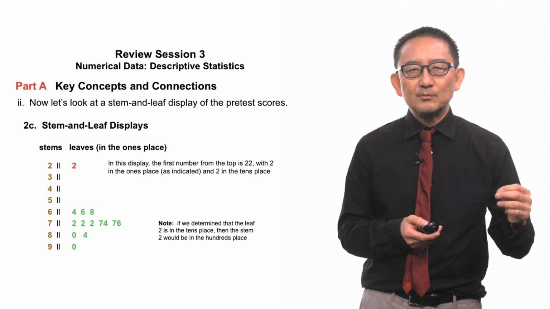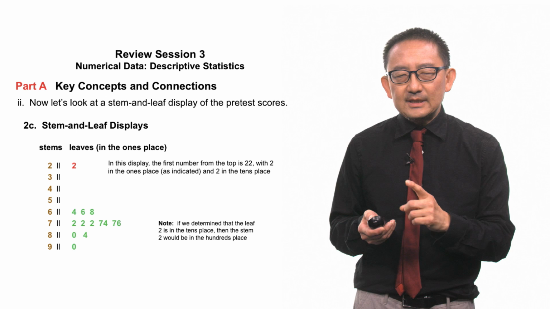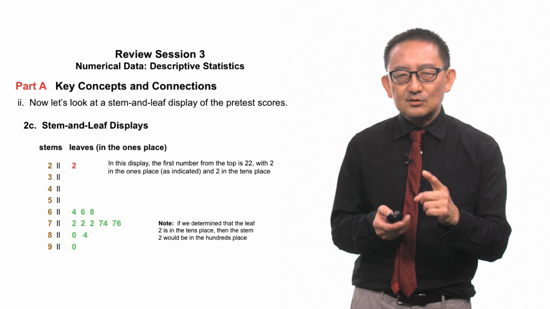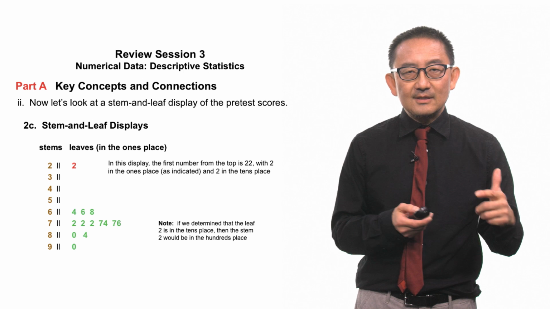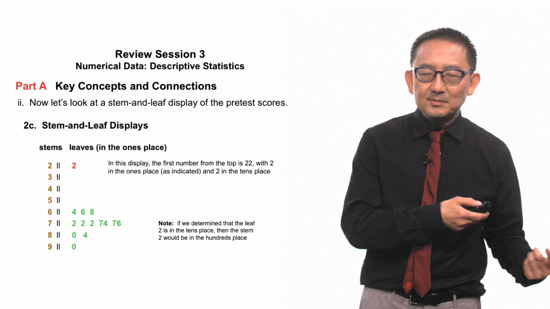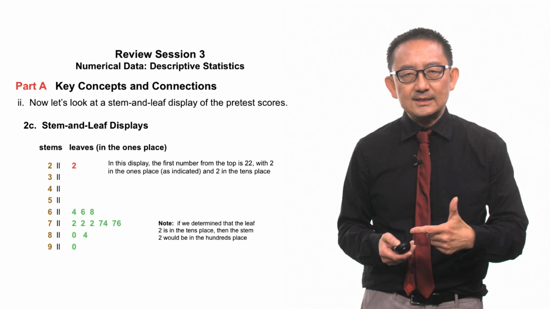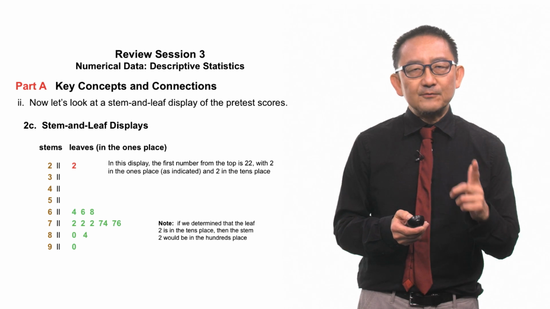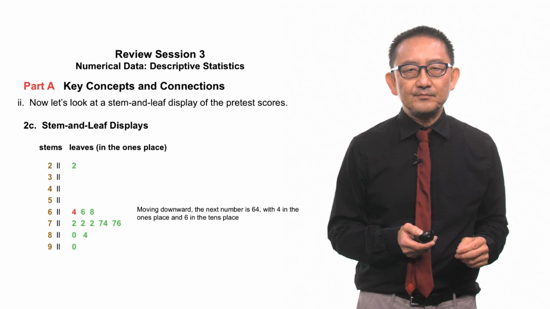Therefore, we would have the number 22. Now keep in mind that if we decided to define the 2 in the leaves as being in the tens place, then the 2 in the stem would be thought of as in the hundreds, and we would have 220. But for this, we're considering the leaves to be in the units place.